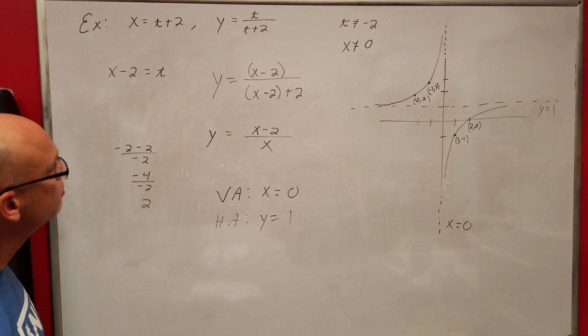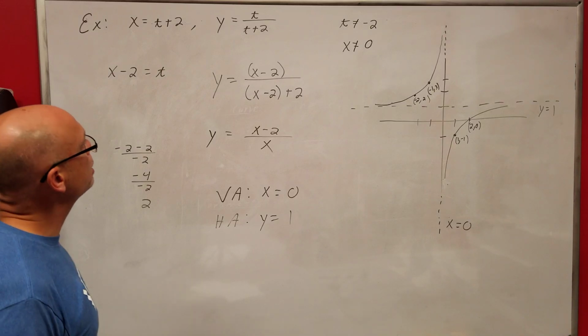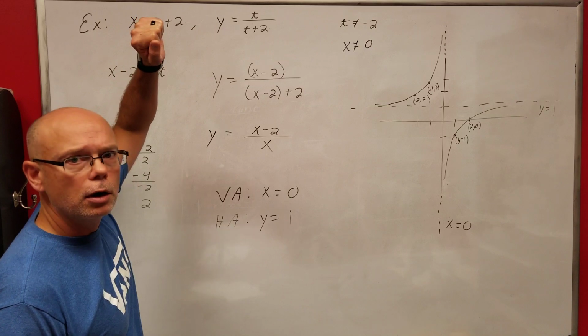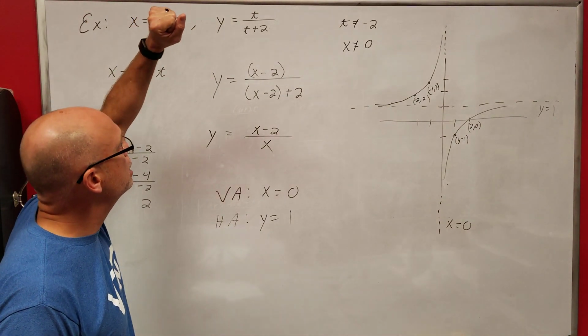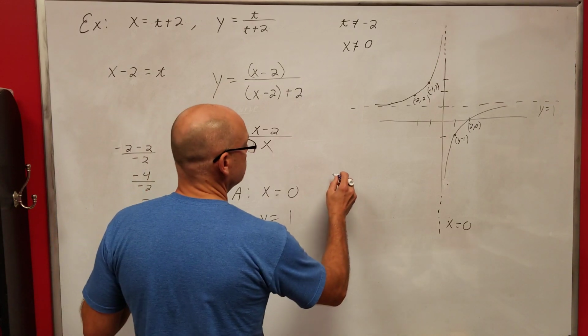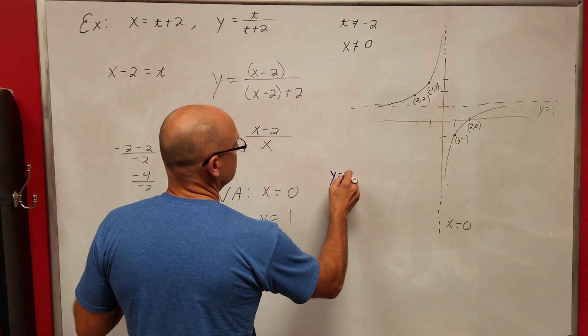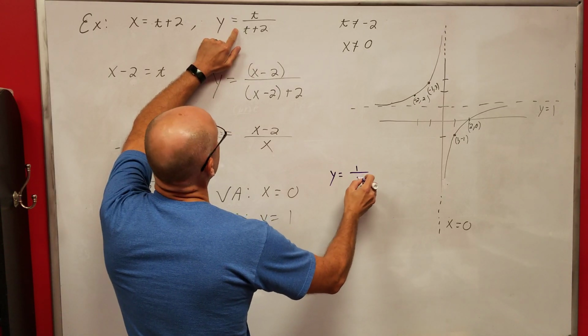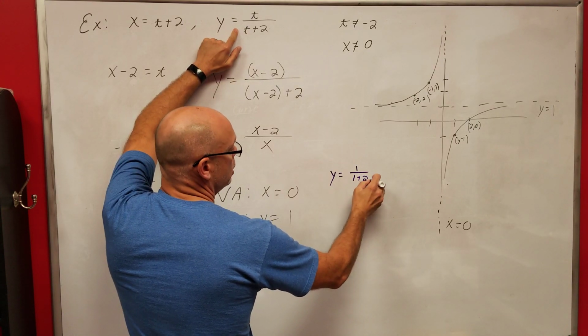Let's see. Let's think about this for a second. When time is, say, I don't know, pick a value. When time is, say, 1, okay? What do you have? Y is equal to 1 over 1 plus 2, right?